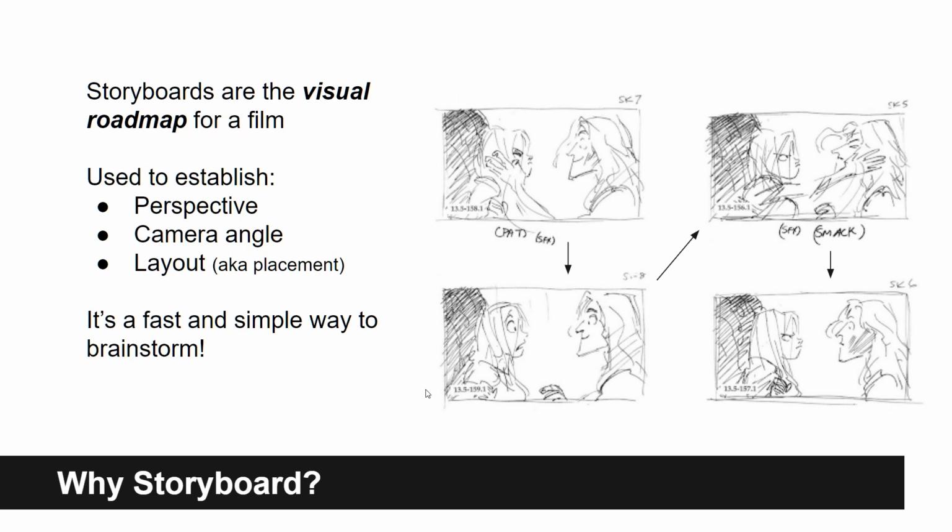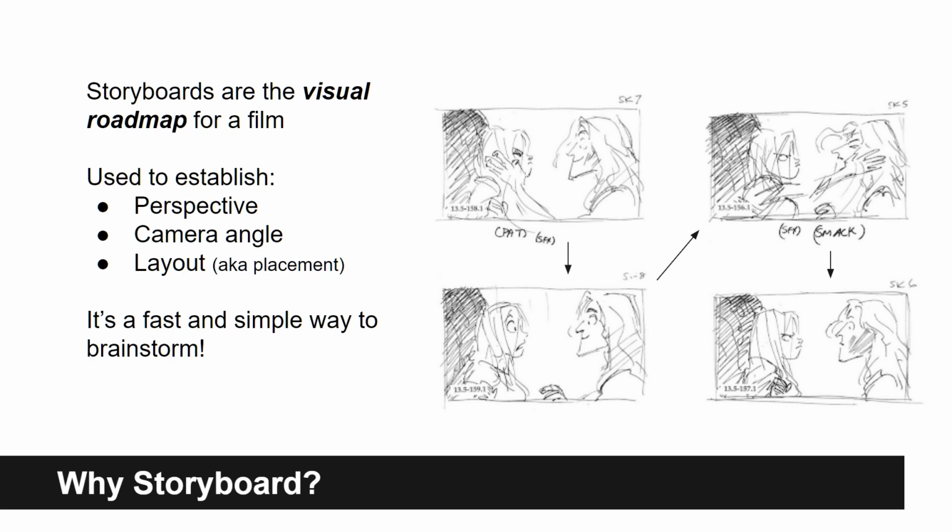Just like the other story pitch elements, like the script or the treatment, these are a visual roadmap for the film. When we're talking about scripts, we're focusing on dialogue and moment-to-moment information.